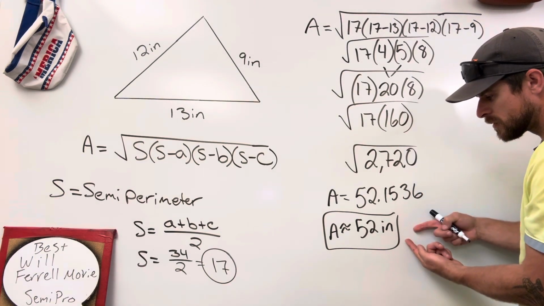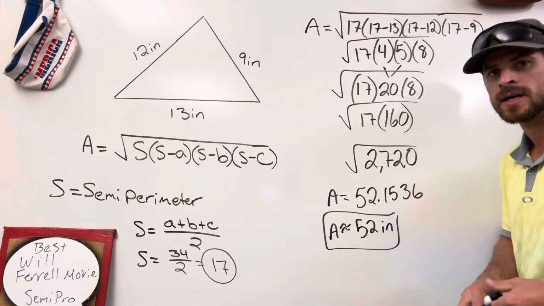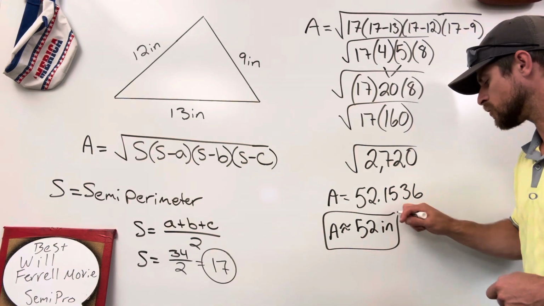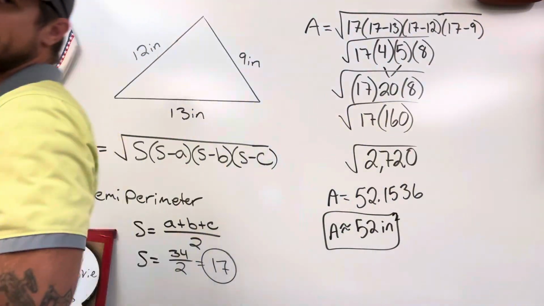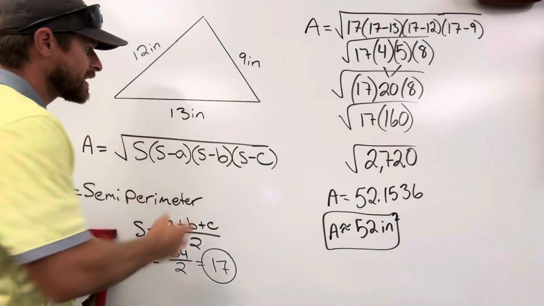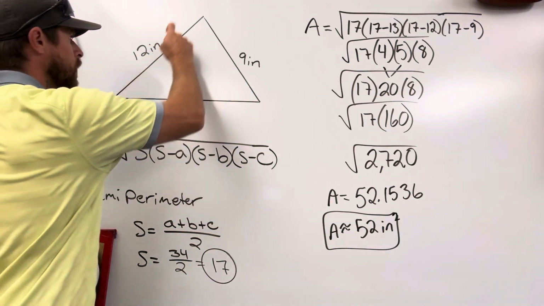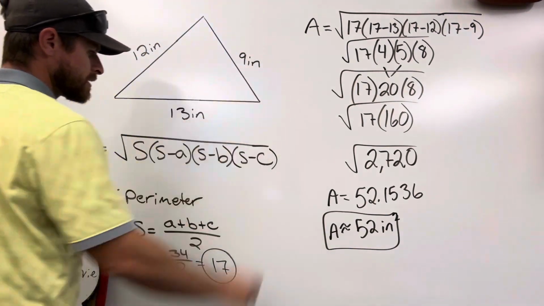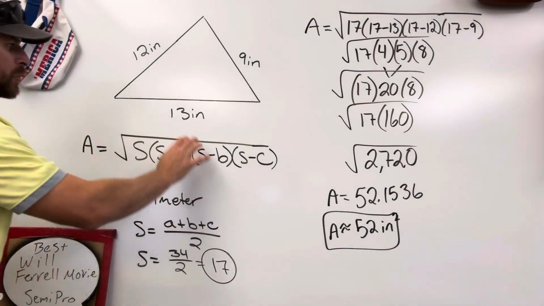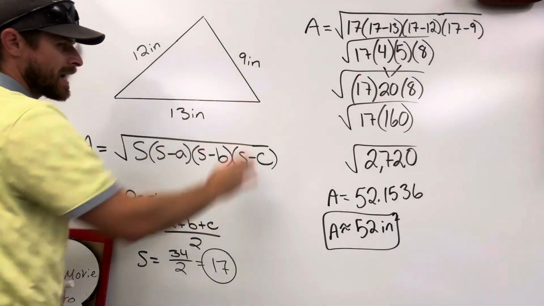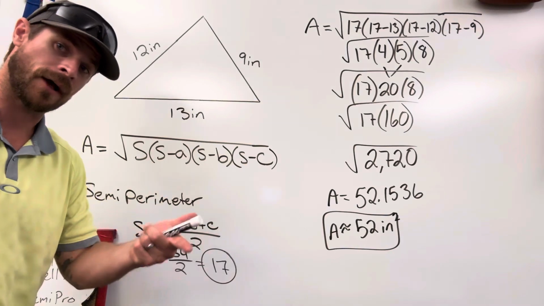If I want to round, I would just round this to 52 inches. Okay, so 52 inches squared is our area of this triangle provided its side lengths were 13 inches, 12 inches, and 9 inches. This is what you would do. Heron's formula, great use when you are provided 3 sides but no other information about the triangle.